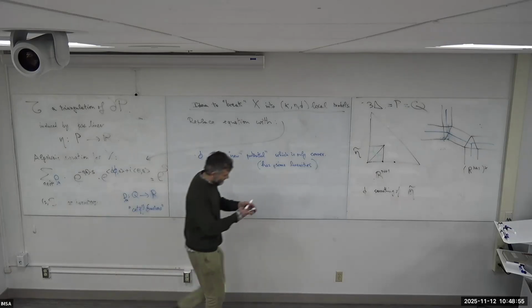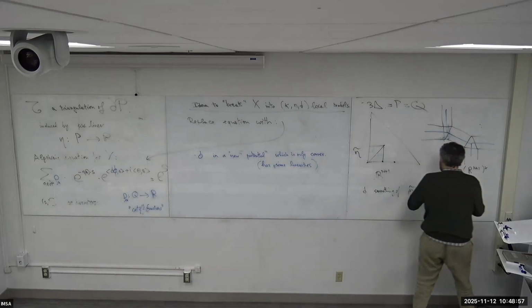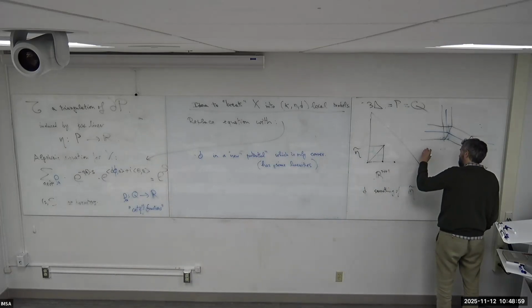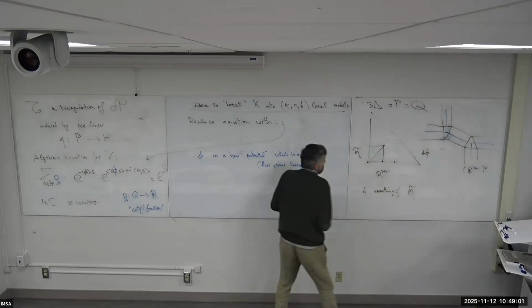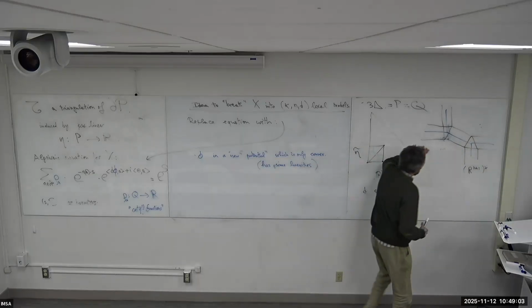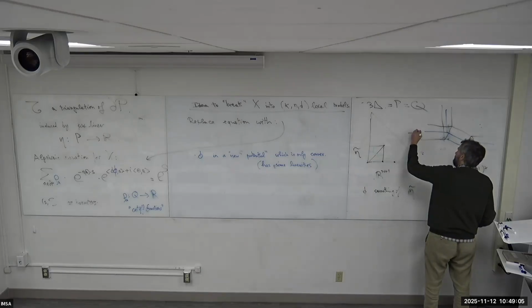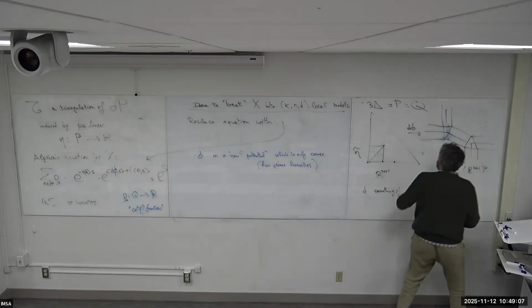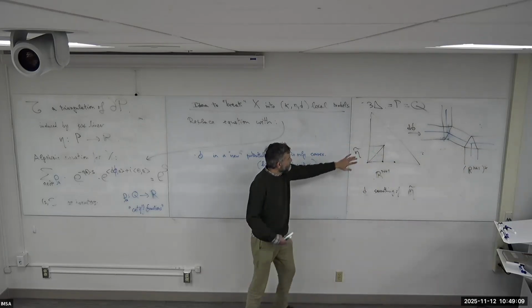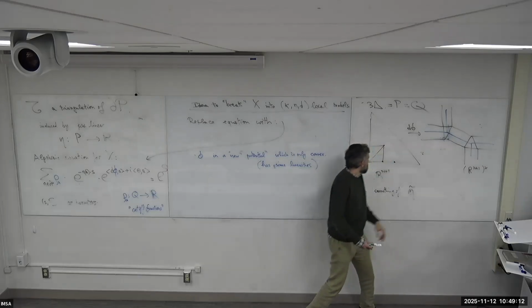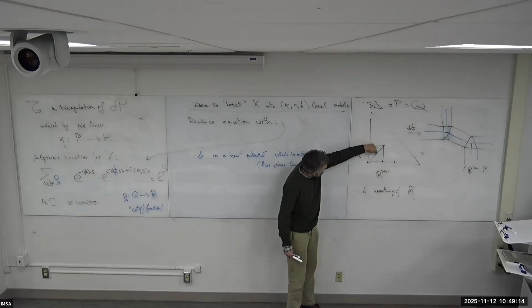Now we look at the differential of phi. The differential of phi will be a map from this picture to that picture there. What does it do? Consider a little neighborhood of, say, this point here.